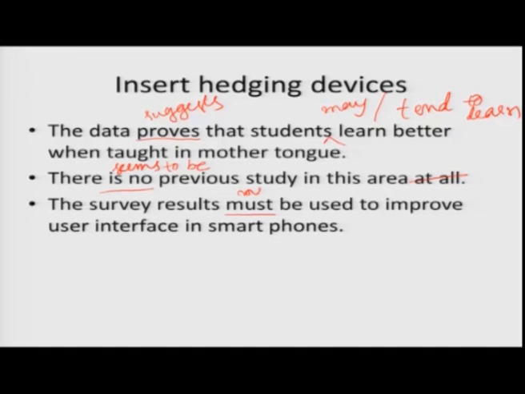You can say the survey results may be used or can be used to improve user interface in smartphones. So, now you are being little more cautious, and so then it is acceptable and it is more appropriate. So, that is how you use hedging devices in academic context.